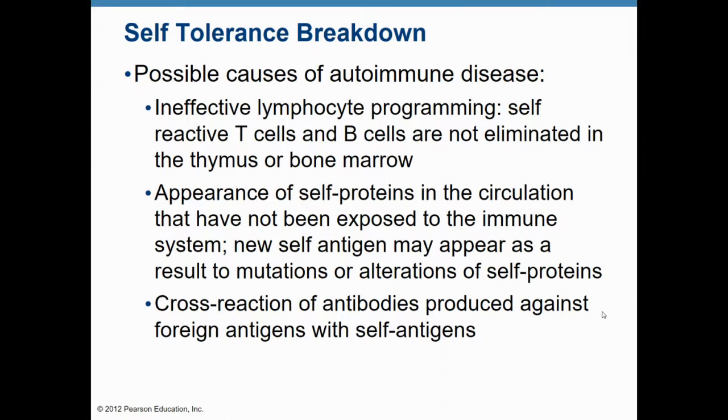And then the last theory on autoimmune diseases is cross reactions of antibodies that are produced against foreign agents with self-antigens. So the antibodies are produced for a foreign antigen, but some of your self-antigens might look similar, and so those antibodies could attack.